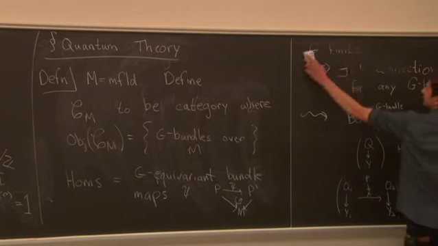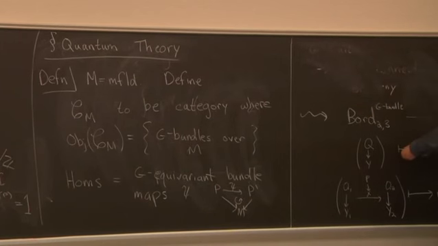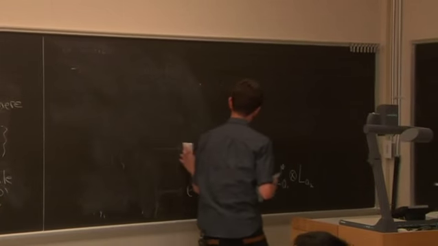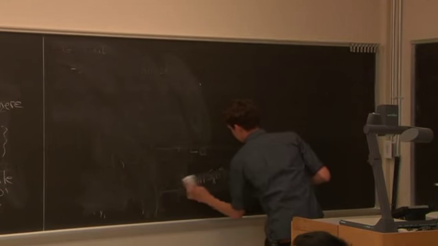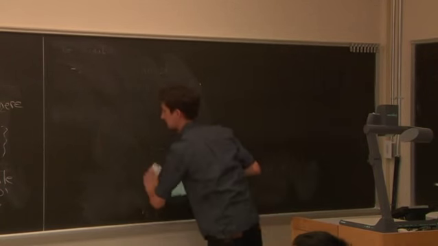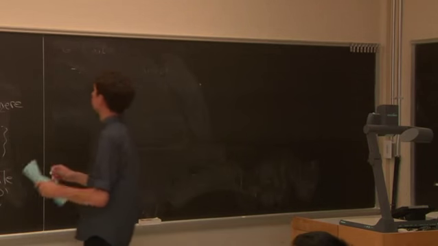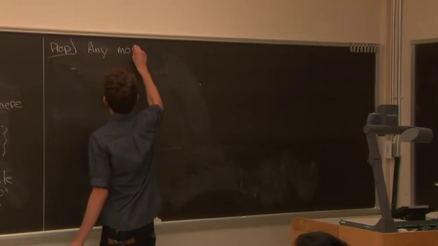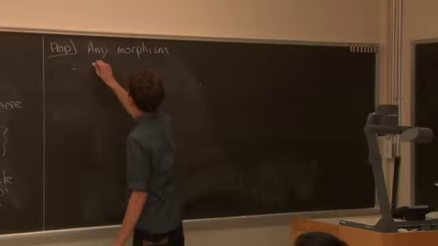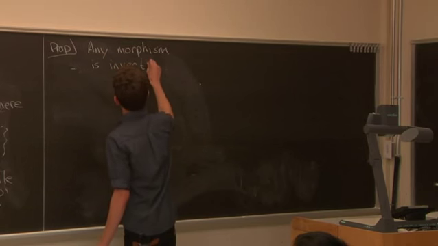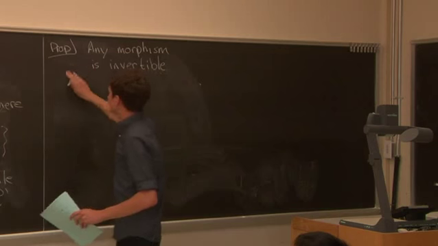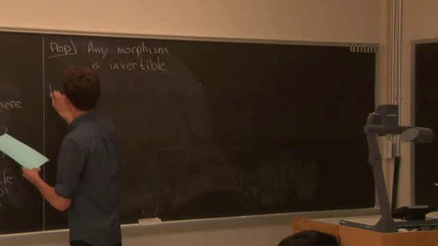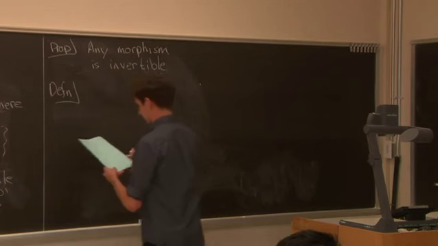And notice that this agrees with our notation for the space of fields that I mentioned before. The other thing to note is that any morphism is invertible. It looks locally like multiplication by some group element that depends on the point in the manifold, and so we can just invert that.